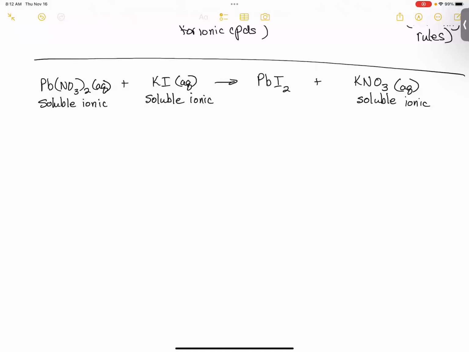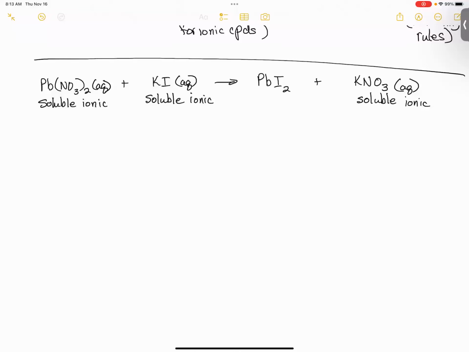Now, rule number 1 and rule number 2 knocked out 3 of our 4 compounds. For the 4th compound, we're going to have to follow the anion to determine how it behaves. According to the 3rd rule, halides are soluble except if they're attached to silver plus, lead 2 plus, or mercury 2 plus.